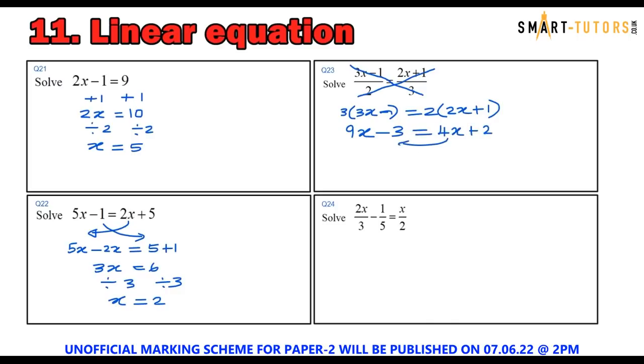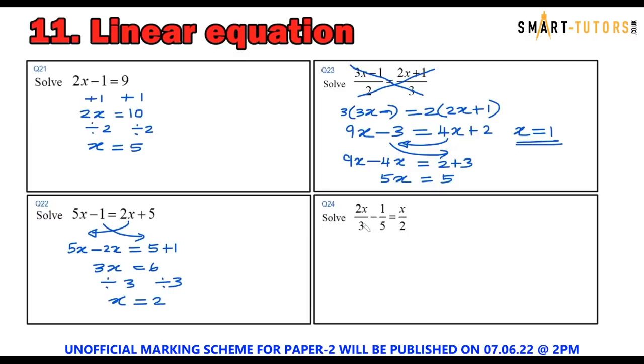So 4x coming this side and minus 3 coming that side. So 9x minus 4x equals positive 3. 9x take away 4x is 5x equals 5. So x equals, divide by 5 both sides, x equals 1 is the correct answer.